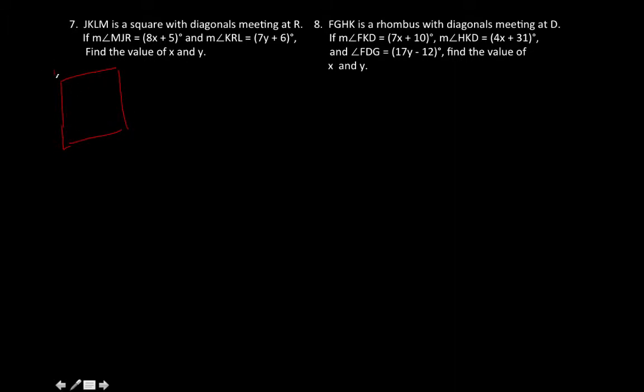So J, K, L, M, and the diagonals meet at R. And MJR is 8x plus 5. And KRL is 7y plus 6, and we want to find x and y.